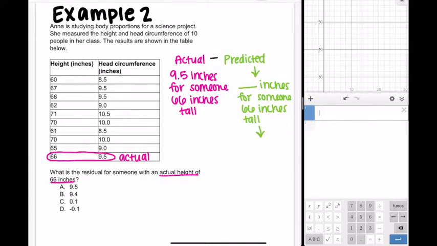So to find that out, we're going to have to find the line of best fit. So we need the y1 tilde mx1 plus b for this table.